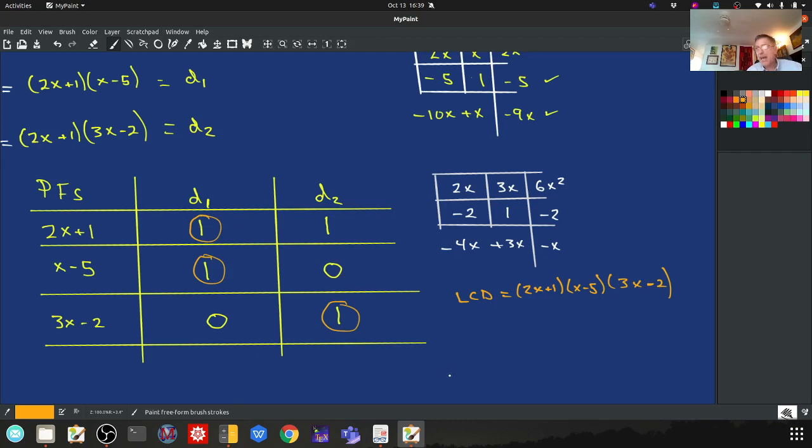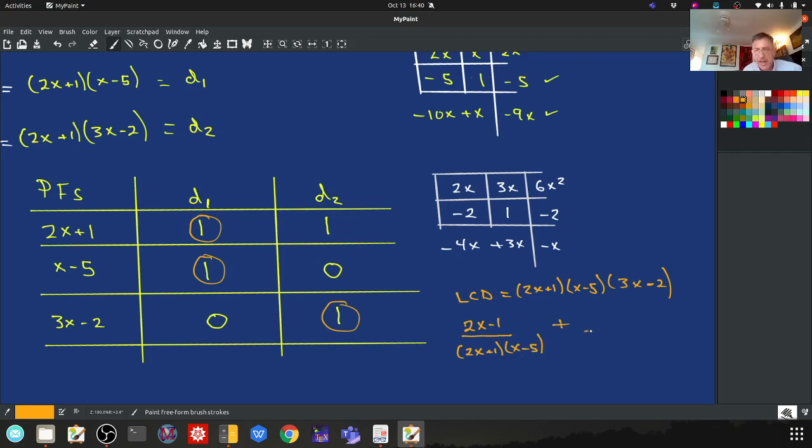So let's add. We wanted to add 2x minus 1 over 2x squared minus 9x minus 5, which we factored is 2x plus 1 times x minus 5. Are we adding? Yes, we're adding.